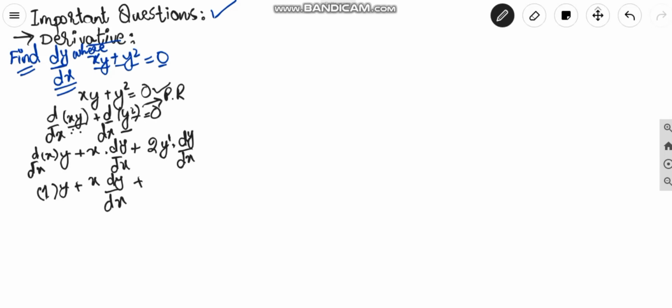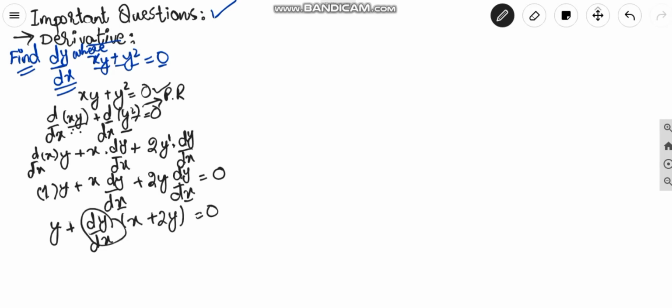Plus 2y dy by dx equals 0. Y plus, as you can see, dy by dx is common in these two terms, so let's take it common from these two terms. So here it remains x plus 2y.